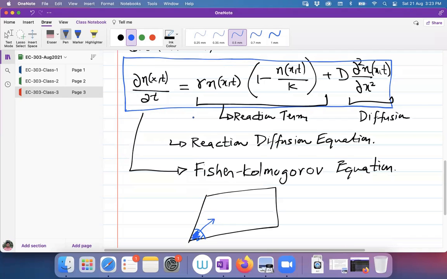But if you look at the population profile, not one ball anymore but all of them put together, it actually evolves exactly like the diffusion equation. So the individual randomness becomes an envelope at the level of the population.